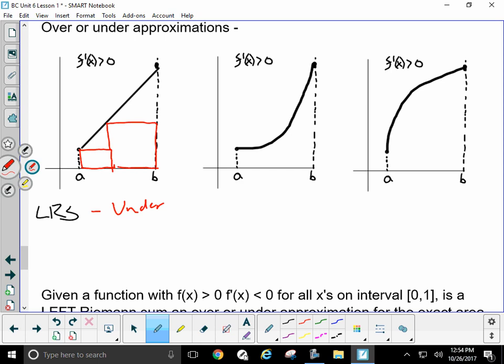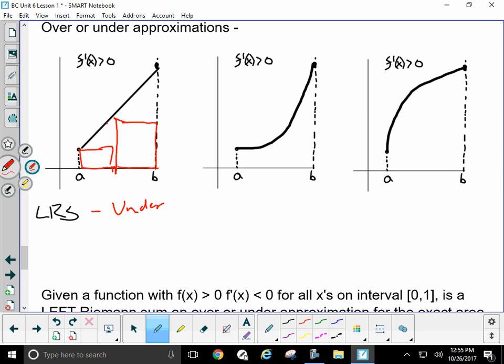Is it also under, or is one of them going to be over? Discuss with your neighbors. Are they over or under?